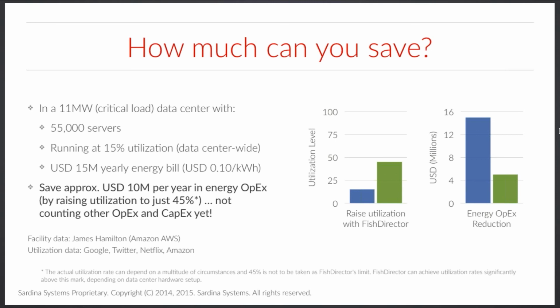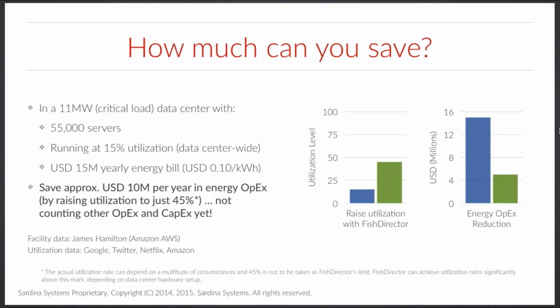Well, if you look at a 55,000 server facility running at circa 15% utilization, the yearly energy bill at 10 cents per kilowatt hour will come to approximately $50 million.